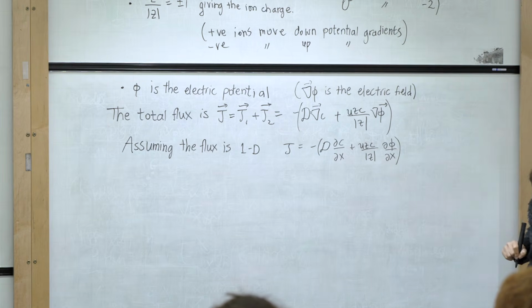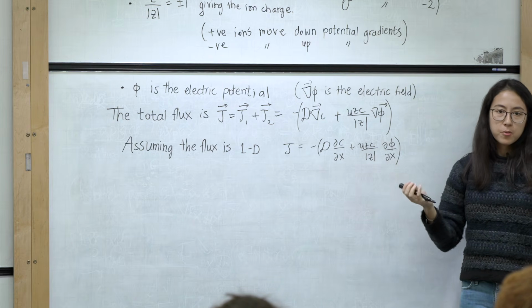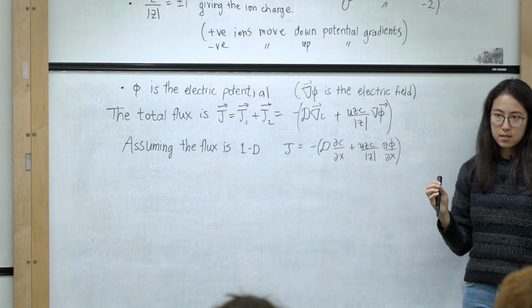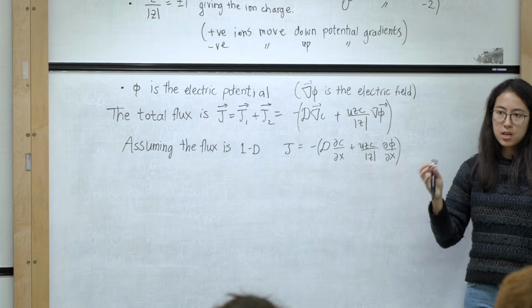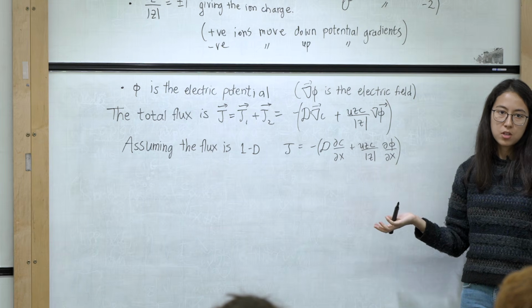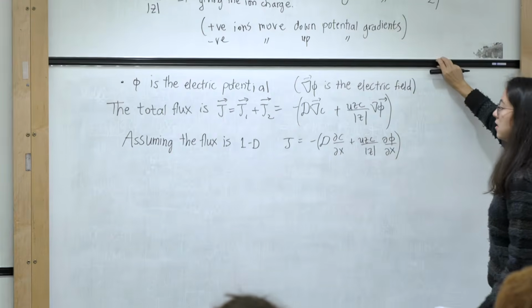Okay? And so basically we said that the Nernst potential is when you have equilibrium between these two different fluxes, right? So if I have that J, the flux, is 0, I can then solve for the Nernst potential and compute what this V is, correct? Okay, great.